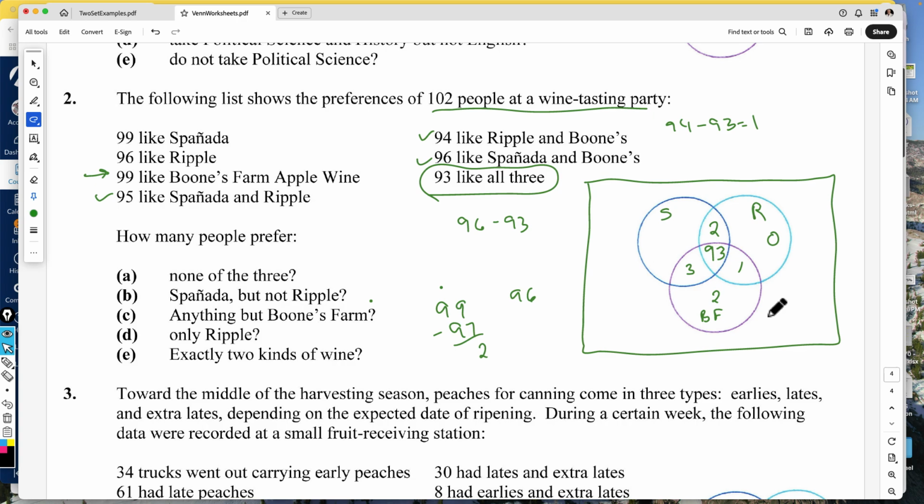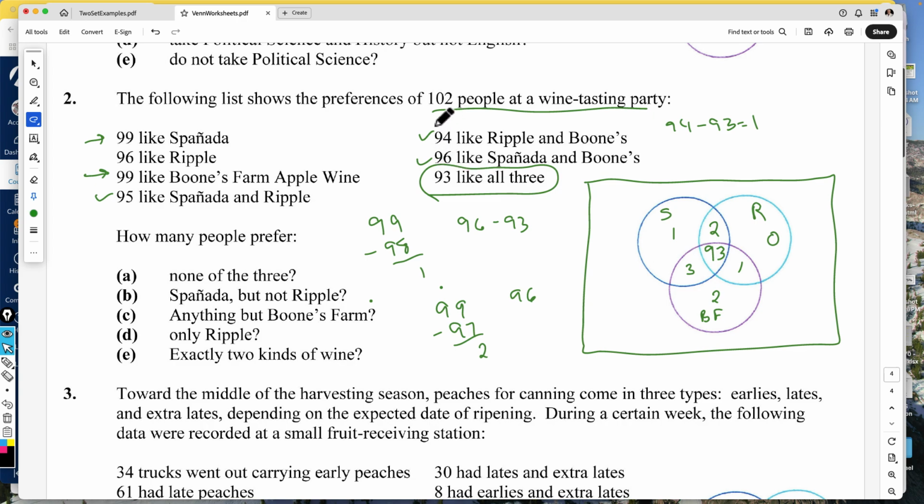People who liked Ripple also liked at least one of the others. And finally, Spaniata, 99. Again, we don't put the 99 here. But we have to figure out how many we've already got here. We've got 93, 96, 97, 98. So 99 minus 98, 1 person.